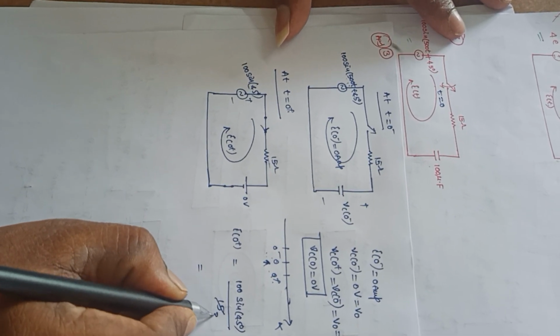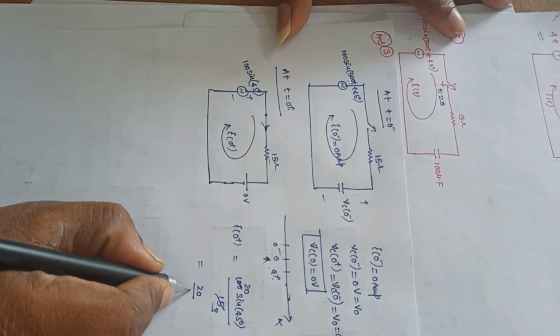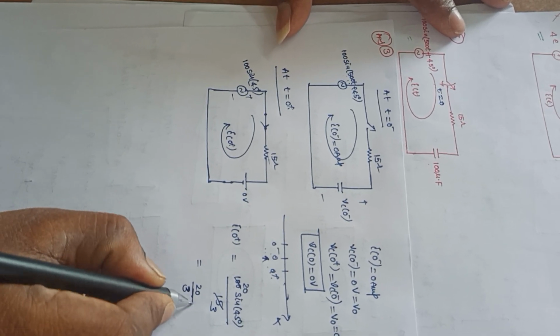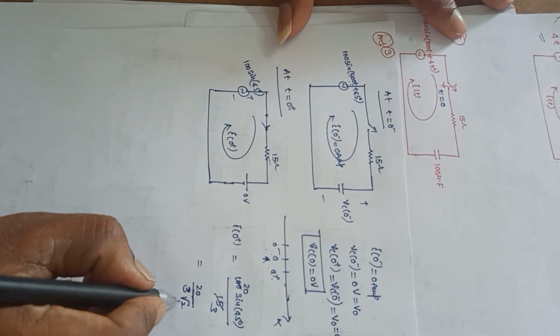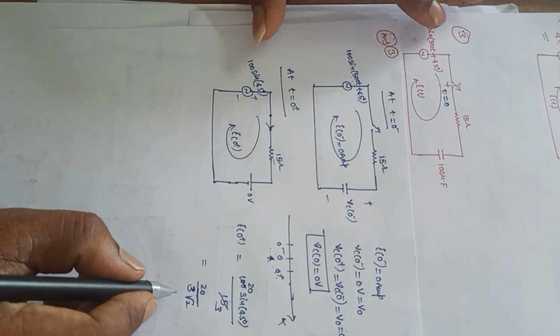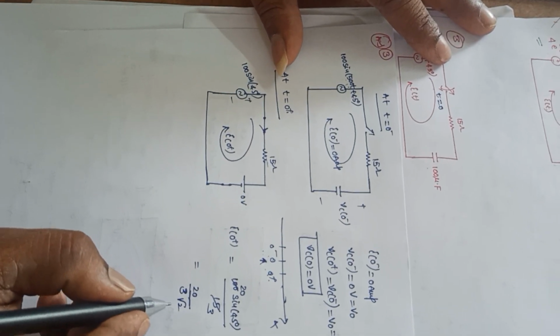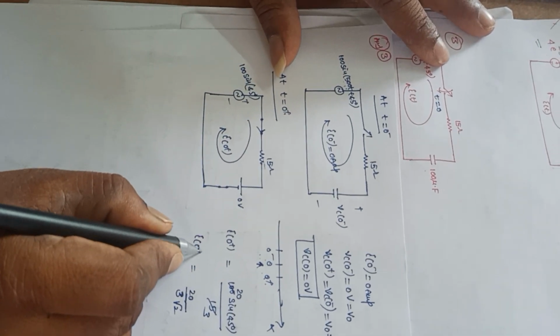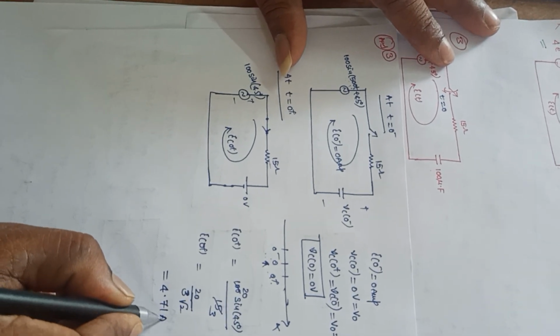So 5 3s 5 2s, 20 by 3. Sin 45 is 1 by root 2, so it is 20 by 3 root 2. If I calculate this value, then I will get 4.71 amperes.